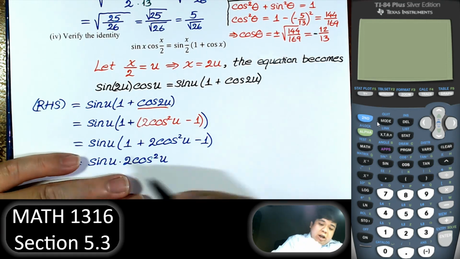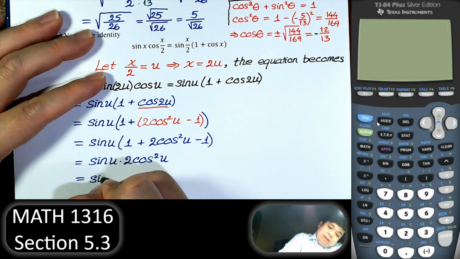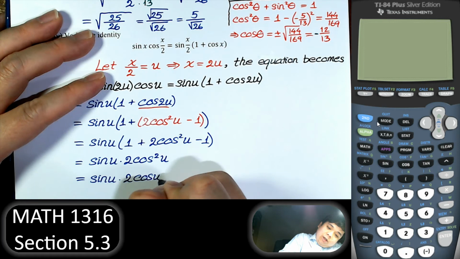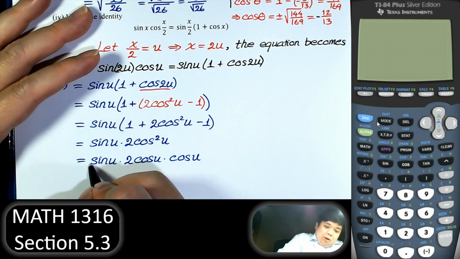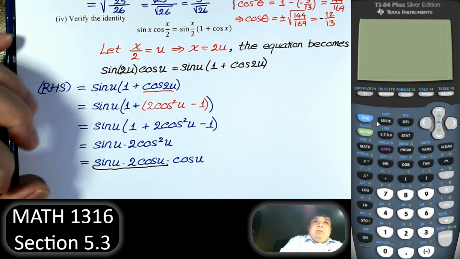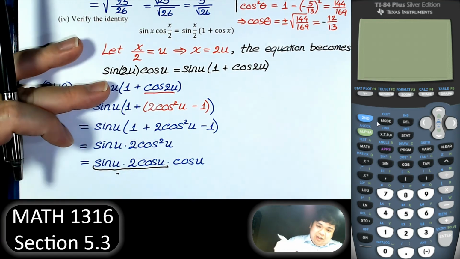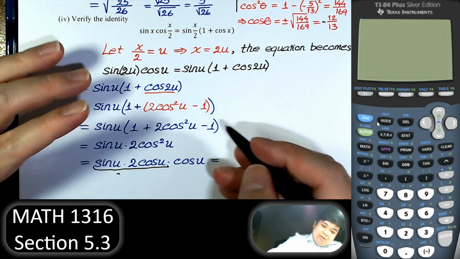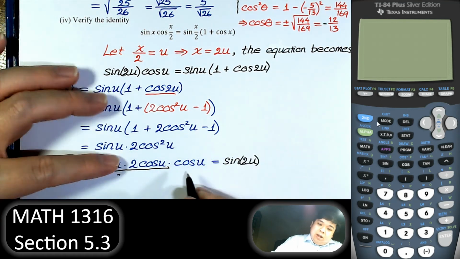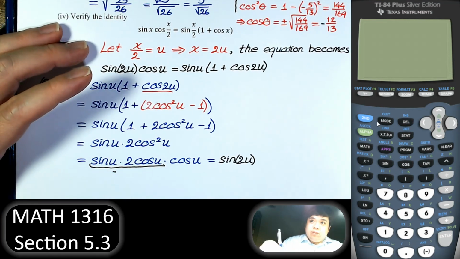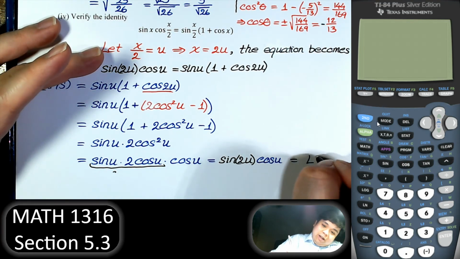Now, the cosine square is that multiplied by itself. Cosine of u times cosine of u. And finally, this is a double angle of sine of 2u, right? That gives us sine of 2u, and then cosine of u. And that is equal to the left hand side.